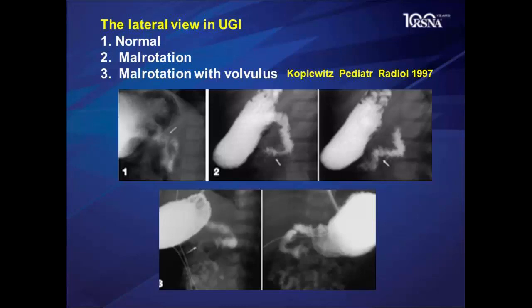Here is an example of a normal duodenum, lateral projection. I'm watching the duodenum, D2, D3, it's still posterior, retroperitoneal, it's fixed. In case number 2, the duodenum starts wandering, going anteriorly, and then here it's lost, it's not fixed. This is malrotation. Now here, I have an obstruction, it goes more anteriorly, we are still in lateral projection, and then you have this subtle sign, just like a beak.